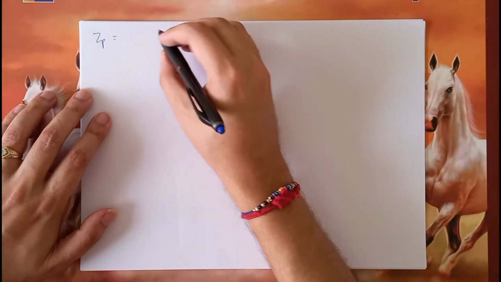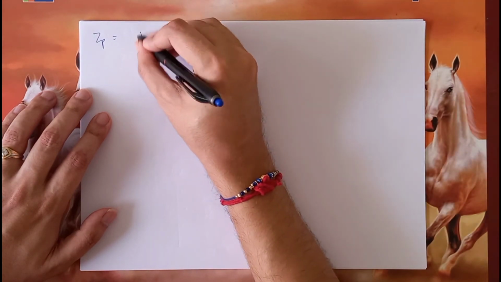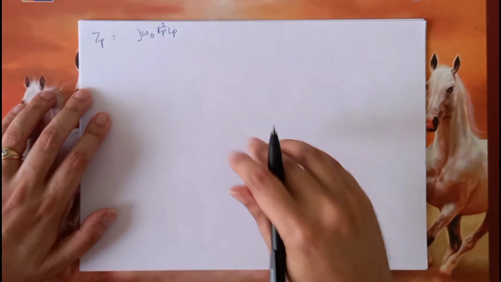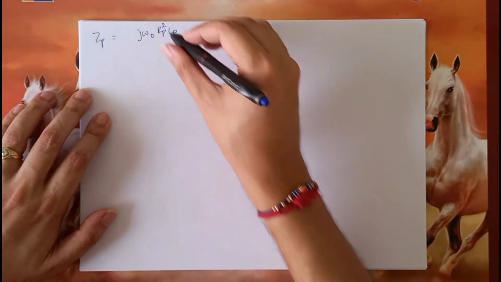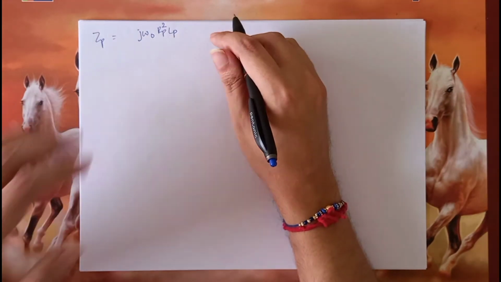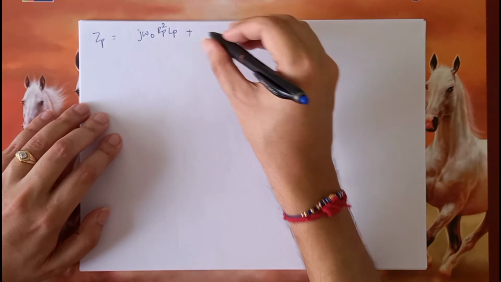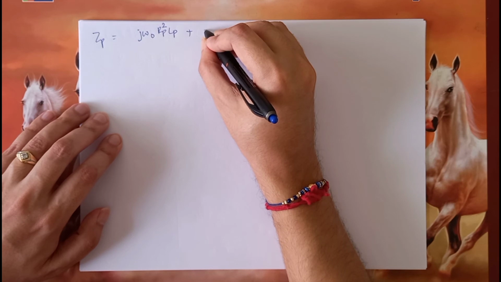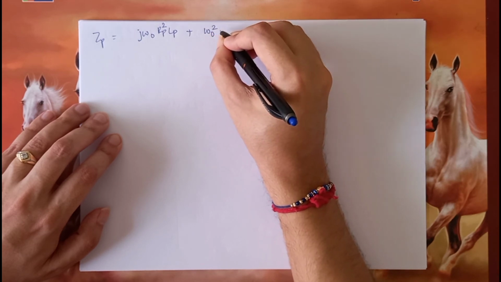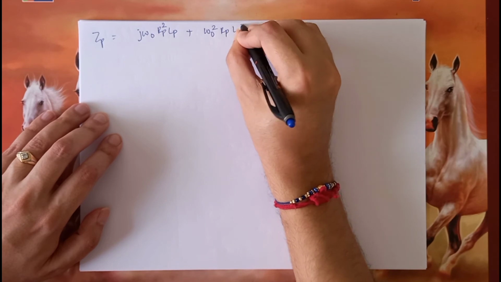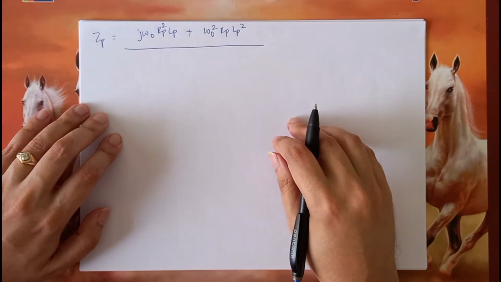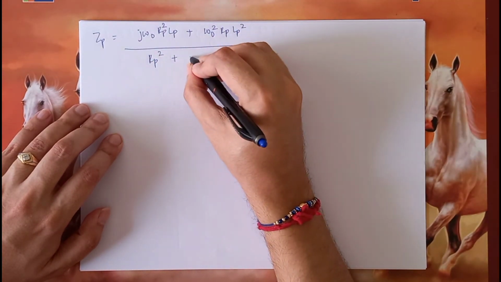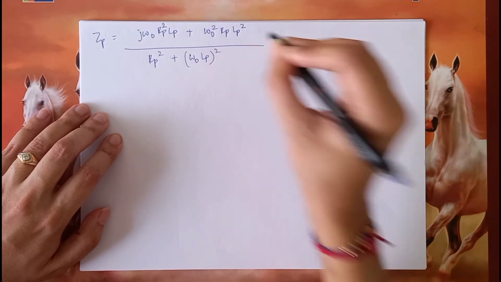So that would give us j omega 0 RP LP, square of RP. So we have a minus j and the plus j being multiplied. So this will become plus 1, and we will then have omega 0 squared times RP times LP square divided by RP square plus omega 0 LP the whole square.